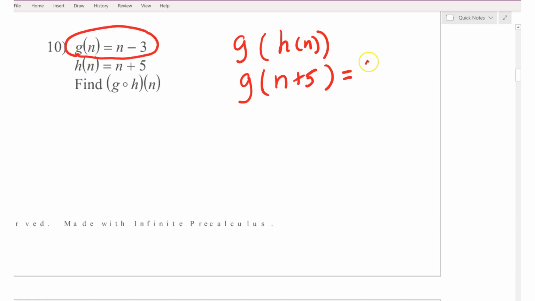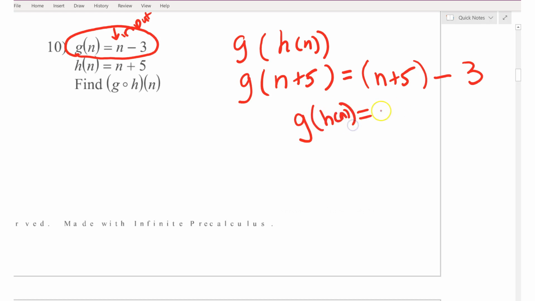You notice that it's an input minus 3. This is your input. So the input is n plus 5. So what can we conclude? g of h of n is n plus 5 minus 3, which in this case is just going to be n plus 2. So that will be g of h of n.